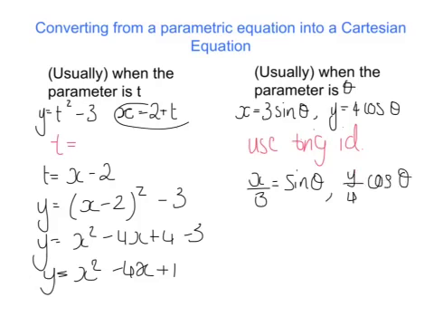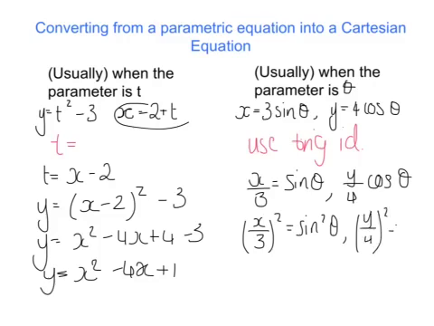So if I square both sides of that equation, I've got that (x over 3) squared is sine squared theta, and (y over 4) squared is cos squared theta.